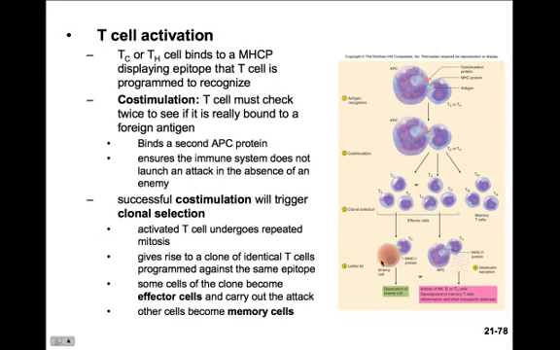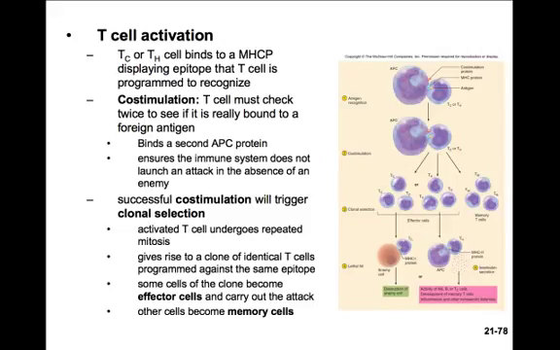This diagram on the right illustrates T cell activation. We'll either have a T helper or T cytotoxic cell that's going to bind to this MHC protein complex. That displays the epitope that specific T cell is programmed to recognize. So the T cells have already been programmed to recognize just a specific epitope.